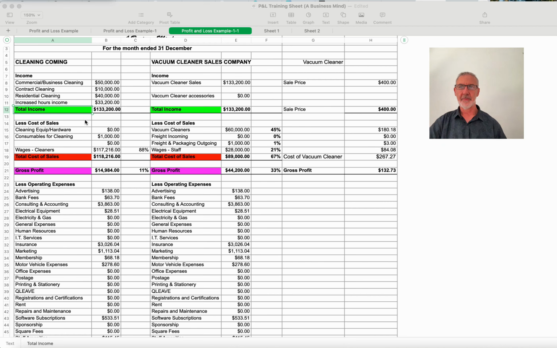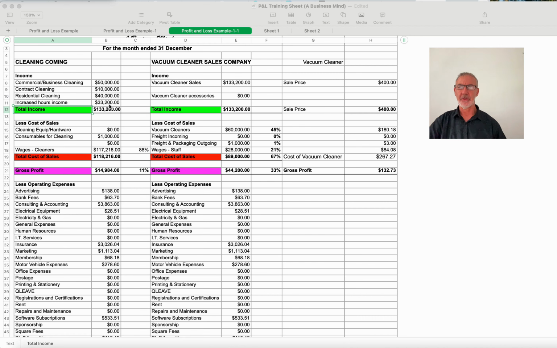So in this example, instead of increasing the charge out rate for the cleaners, I've increased the hours the cleaners do. I've just used the same amount, the 33,200. It's like we said to the cleaners, okay, if you do an extra so many hours each a week, then we can generate another 33,200.